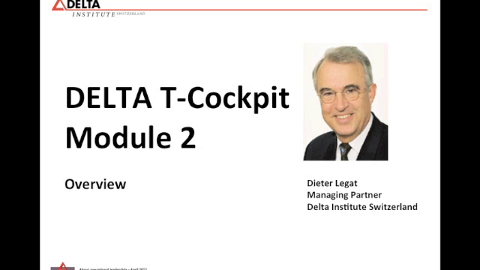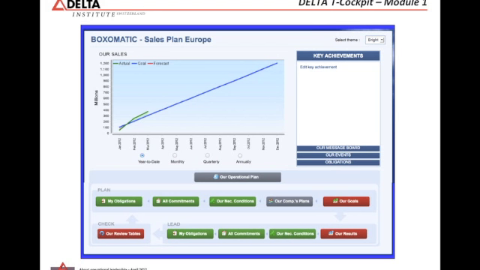I'd like to give a brief overview of the features of the Delta T-Cockpit in Module 2. In Module 1, the Delta T-Cockpit displays in one single screen the key elements of operational leadership. It shows progress to the operational goal. It presents the operational plan.